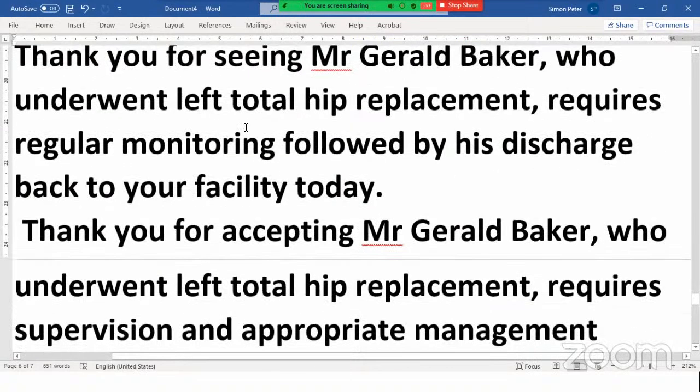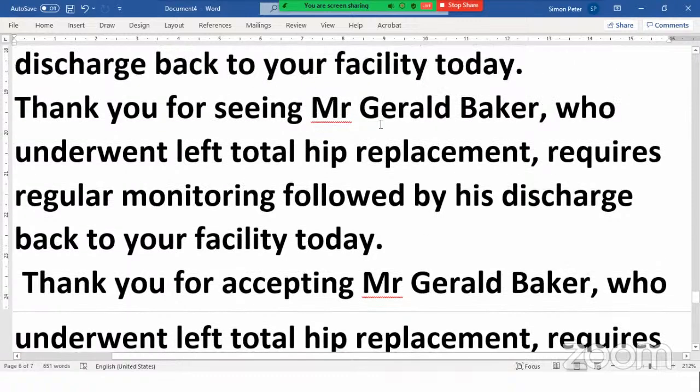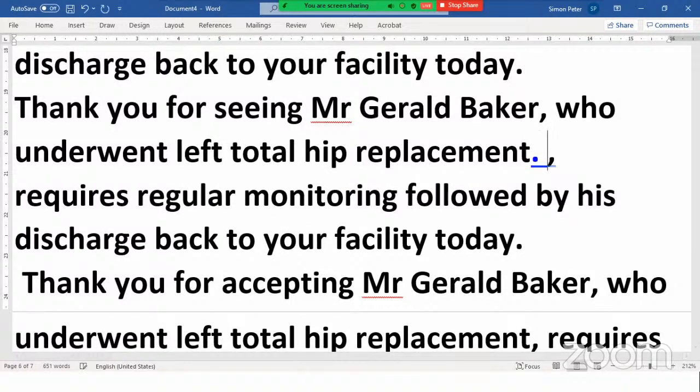Thank you for seeing Mr. Gerald Baker, who underwent left total hip replacement. Then full stop. Then you say, he requires regular monitoring following his discharge back to your facility.